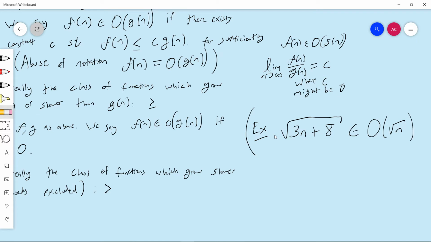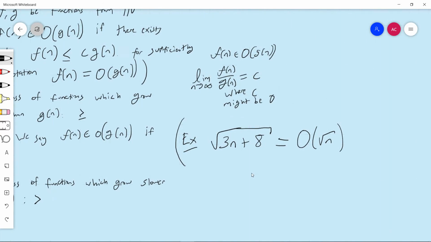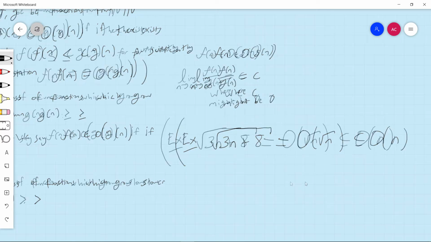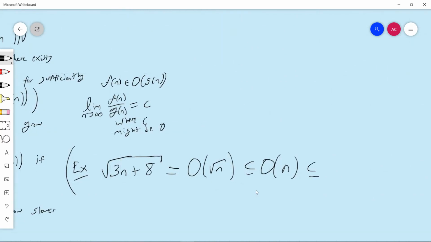I'm going to write it exactly the way we're going to be using it, with an equals sign, because I like to abuse the notation as much as the next person. This is contained in other classes besides O of the square root of n. It's also a subset of O of n, since n grows faster than the square root of n. It's also a subset of O of 2 to the n.